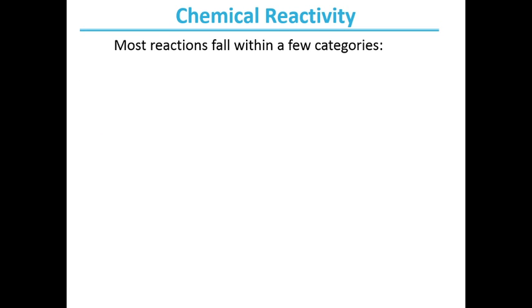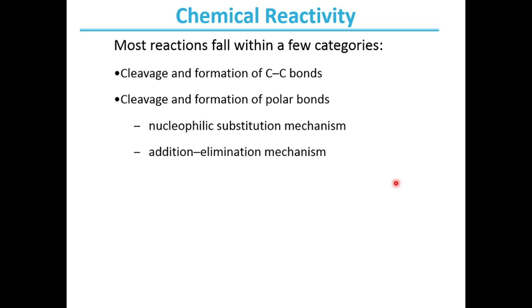Most organic reactions fall within a few categories. First, cleavage and formation of carbon-carbon bonds. Cleavage and formation of polar bonds, which could be carbon, another heteroatom bond. Nucleophilic substitution mechanisms can happen, or addition-elimination mechanism can happen in the cleavage of carbon heteroatom bond. It could be C-O or C-N or C-S bonds.